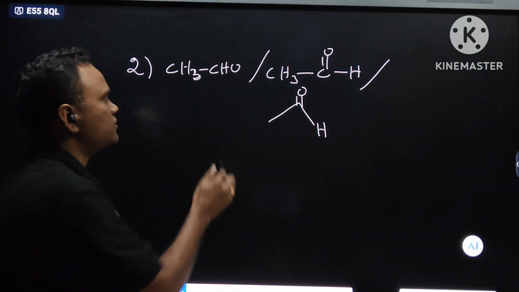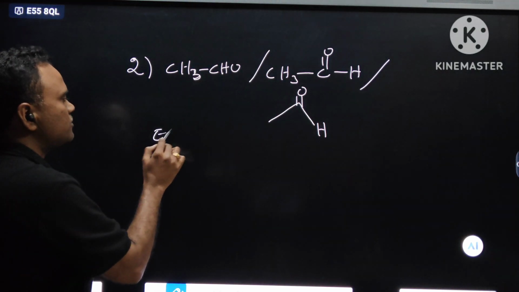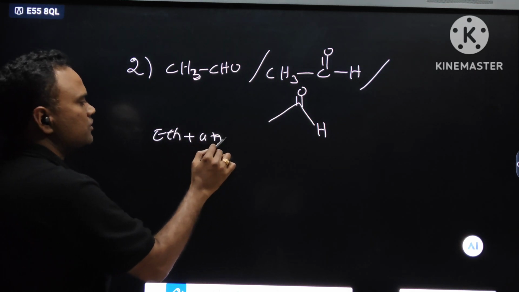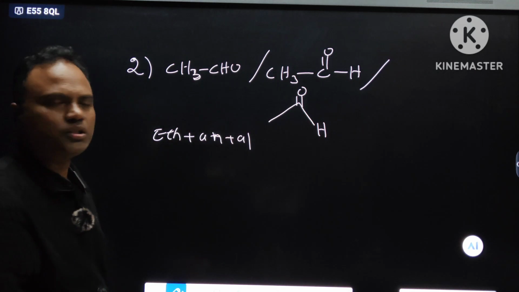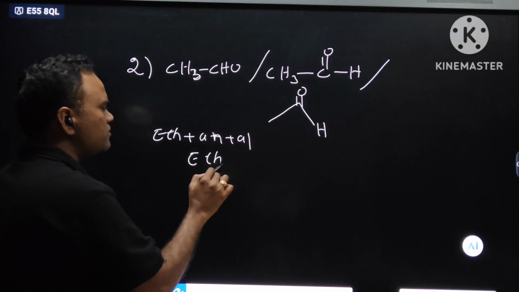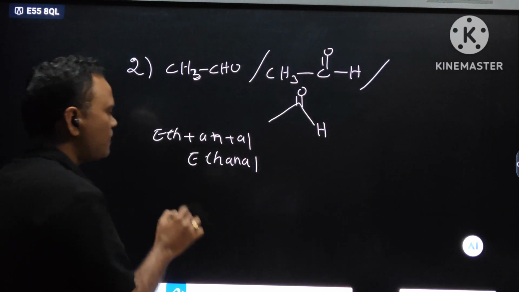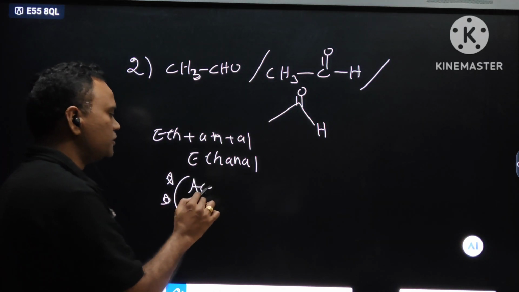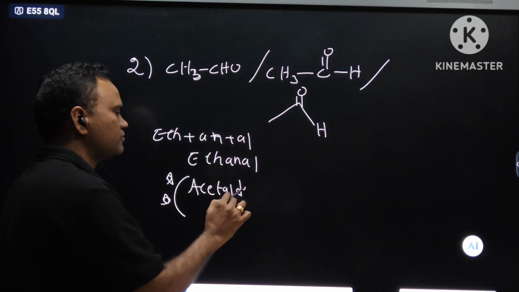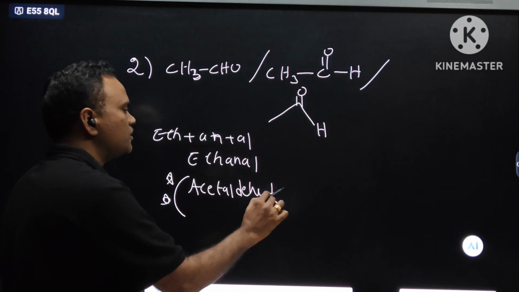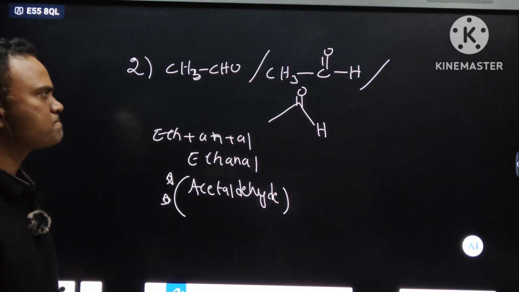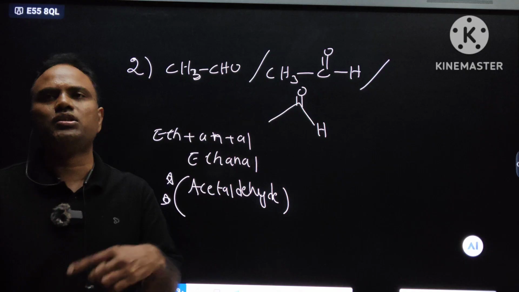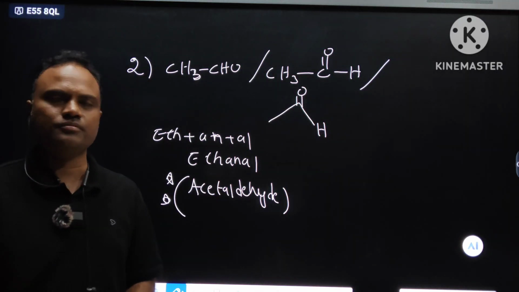Two carbons, so eth plus ane plus al, ethanal. The IUPAC name is ethanal. What about the common name? Acetaldehyde. Acetaldehyde is also called ethanal. Ethanal and ethanol, both are different.